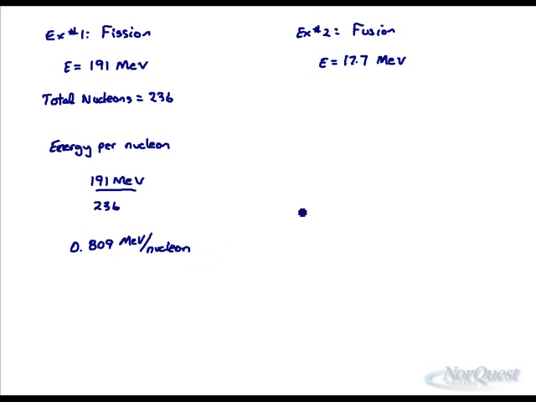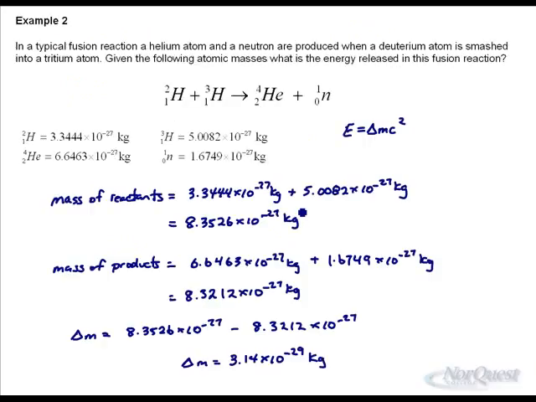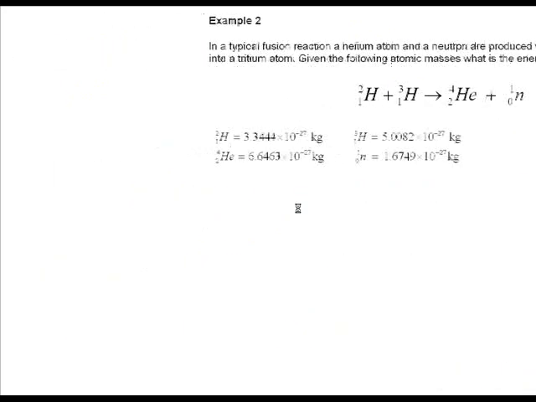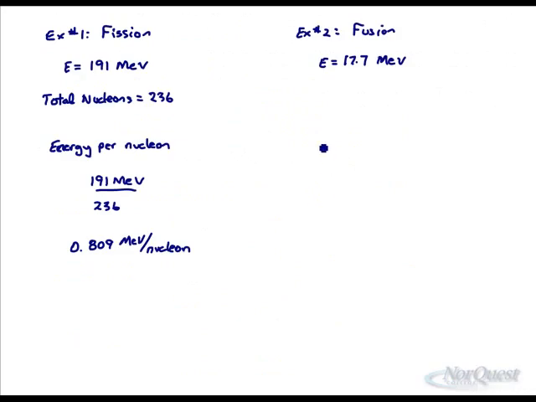When we compare to example number 2, the number of nucleons before and after was 5. Totally different story here. The total nucleons in this case is 5.